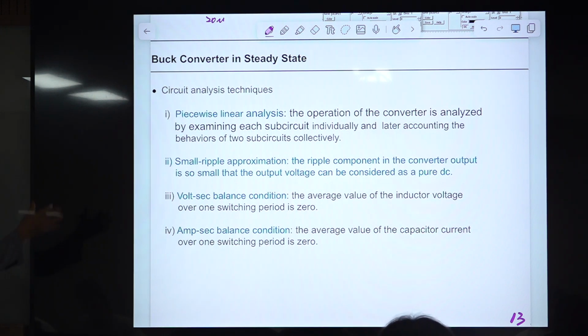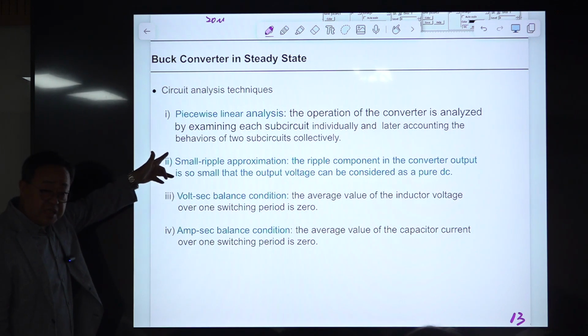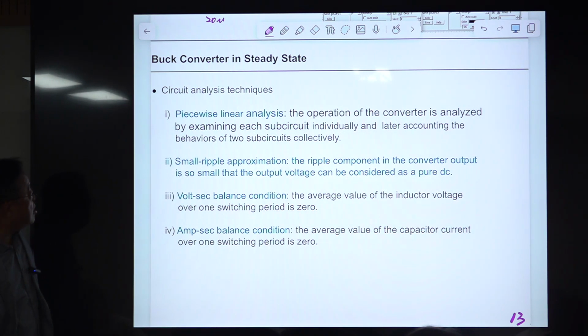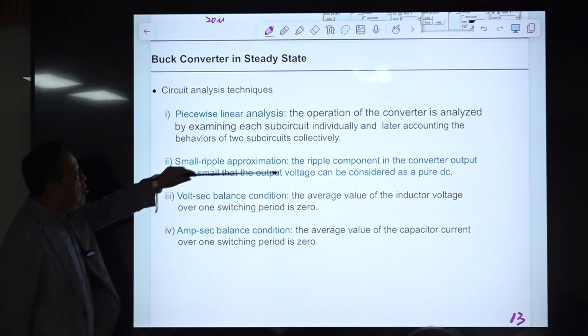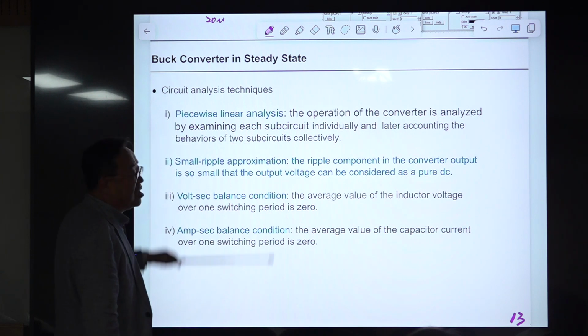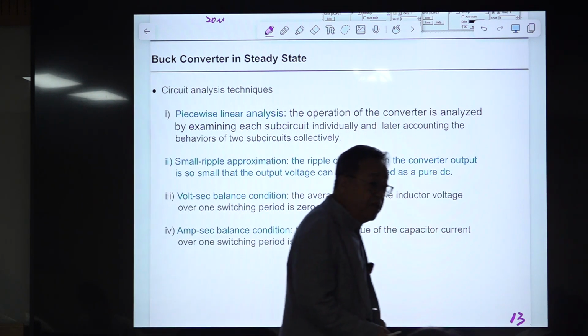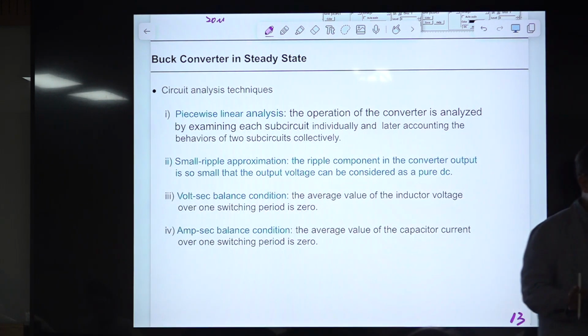And we have an additional 4 items for us. First one is piecewise linear analysis. We already went through this. The operation of the converter is analyzed by examining each sub-circuit individually and later correctly combining the operation of the 2 individual sub-circuits. Okay. We already did this.